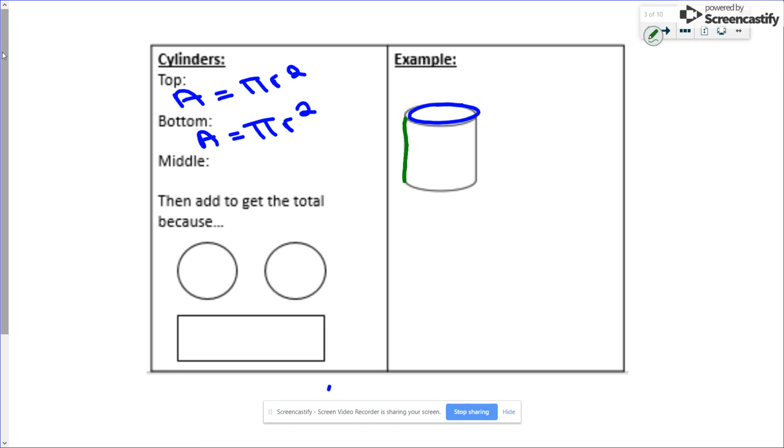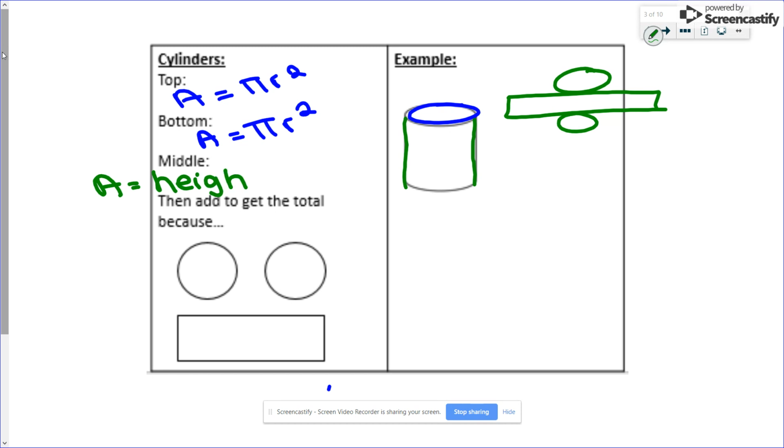For the middle, if we were to draw this out, our net would be 2 circles with a rectangle in the middle. To find the area of the middle section, we are going to do the height of our cylinder times the circumference.